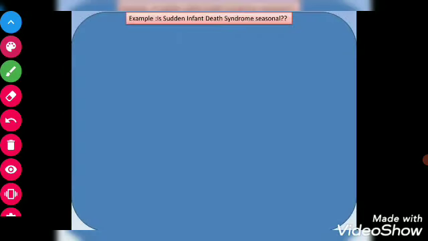So just see the example of SIDS. SIDS is sudden infant death syndrome. So our assumption or question that is being asked in this problem is whether SIDS is seasonal. Whether a season is having any impact on this particular disease, or there is no effect of season.